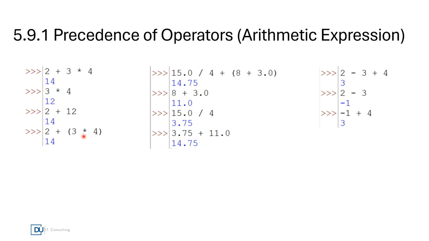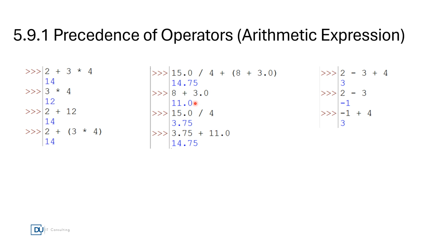Now let's take another example: 15.0 / 4 plus (8 plus 3.0). Since there is an explicit parenthesis, this part of the expression is calculated first. So 8 plus 3.0 gives you 11.0.